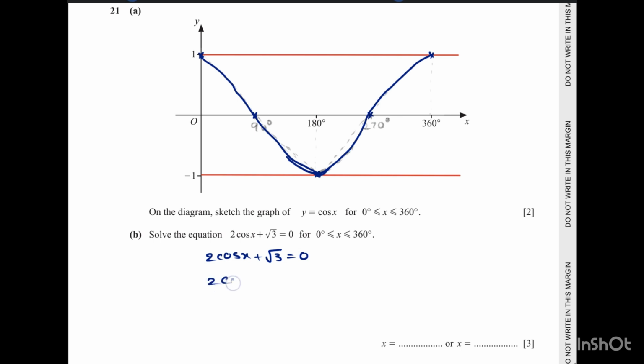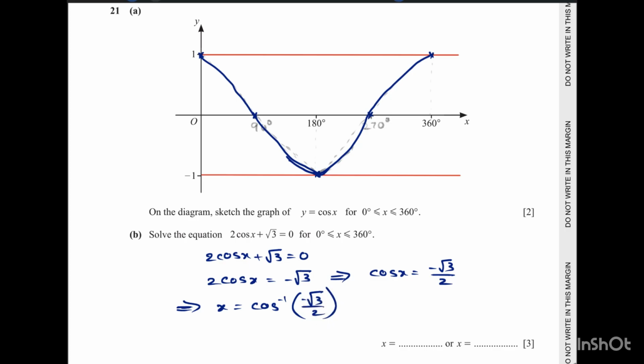So 2 cos x is minus root 3. Keeping cos x, bring 2 to the right hand side, so it gets divided, minus root 3 by 2, and then x is equal to cos inverse of minus root 3 by 2.